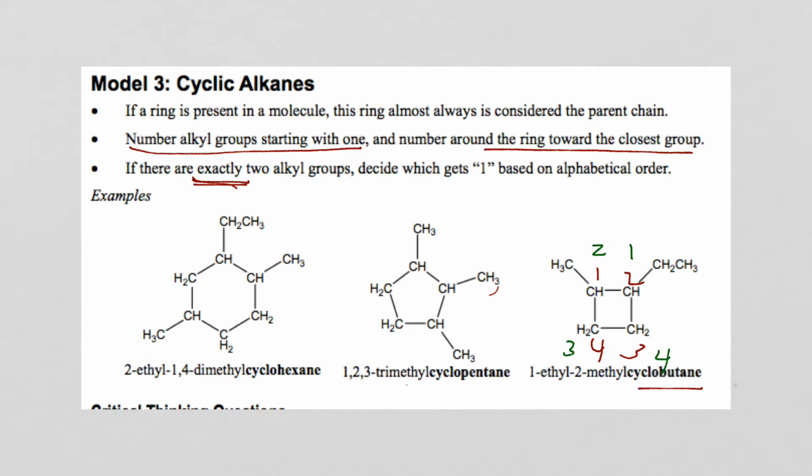The answer is going to be the green numbers here, because this is an ethyl group and this is a methyl group, and therefore ethyl comes first alphabetically. So we have 1-ethyl-2-methylcyclobutane.